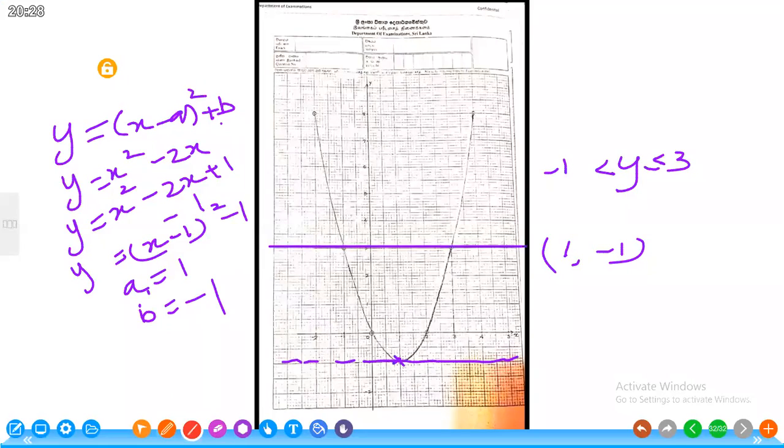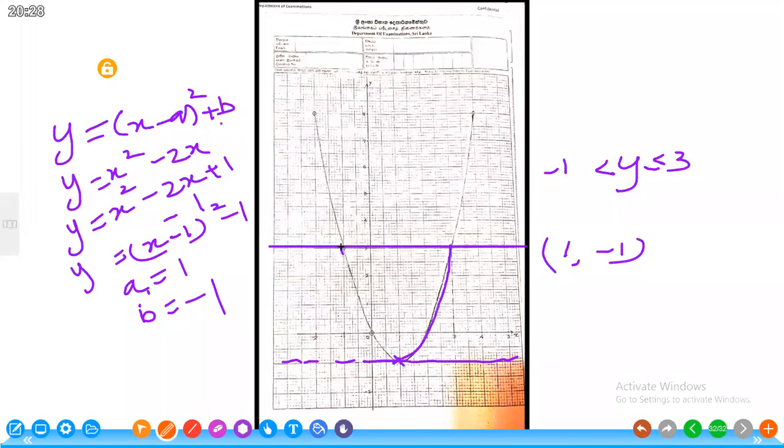Right? Then in this part below, the function increases only. Increases in this part only. Here it decreases. Here positive, here negative. Here increasing. So for the increasing part, what is the range of x?